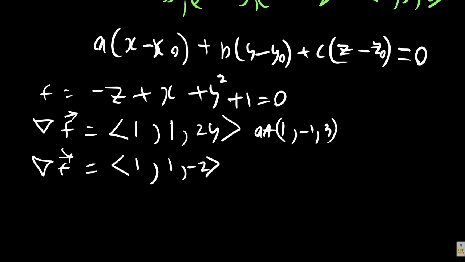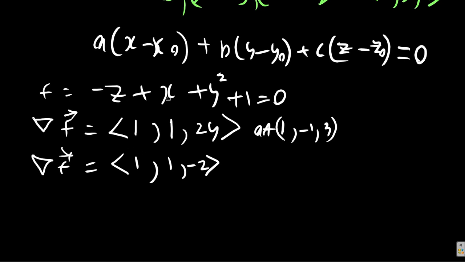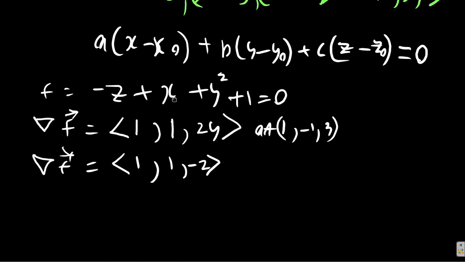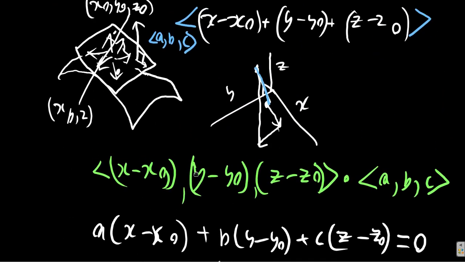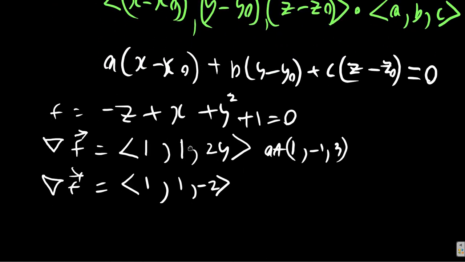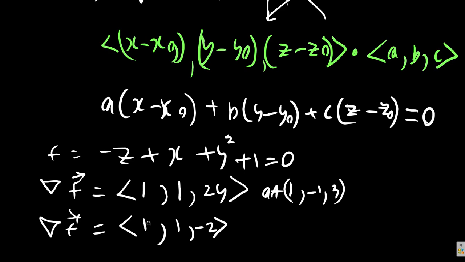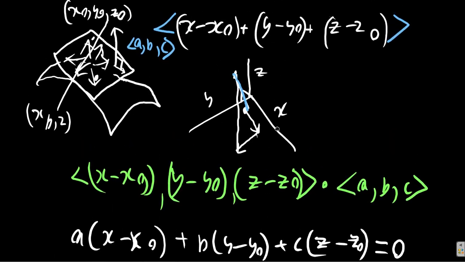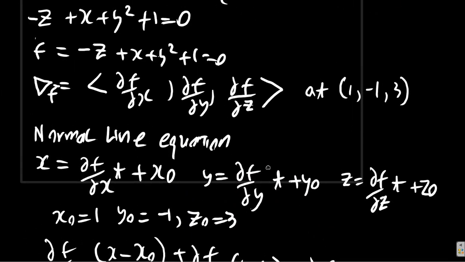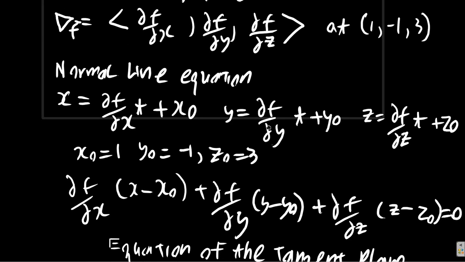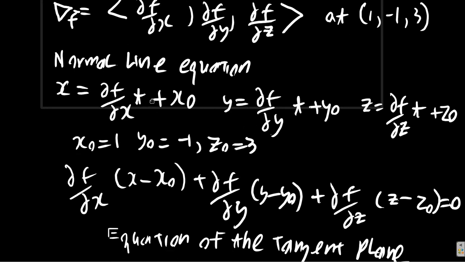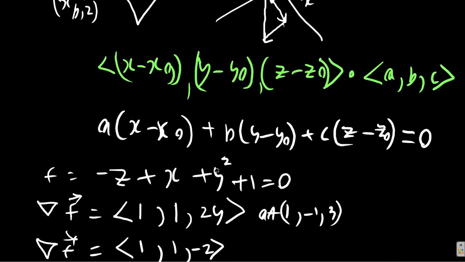Now here we know our partial derivatives at the point 1, negative 1, 3. We want the normal line, so we substitute them in the equation of the normal line. Remember, x is the gradient times t plus x0.